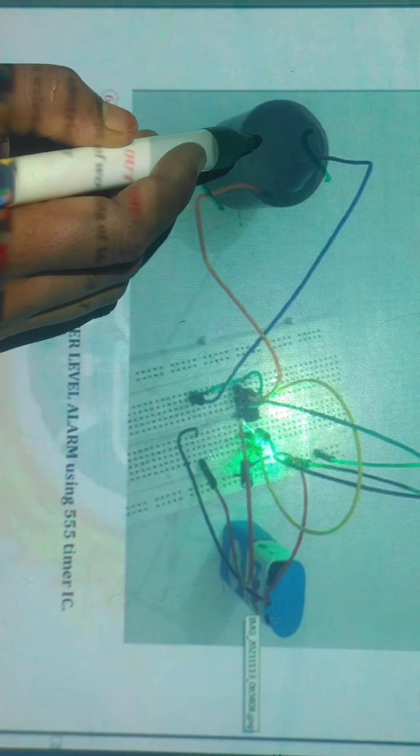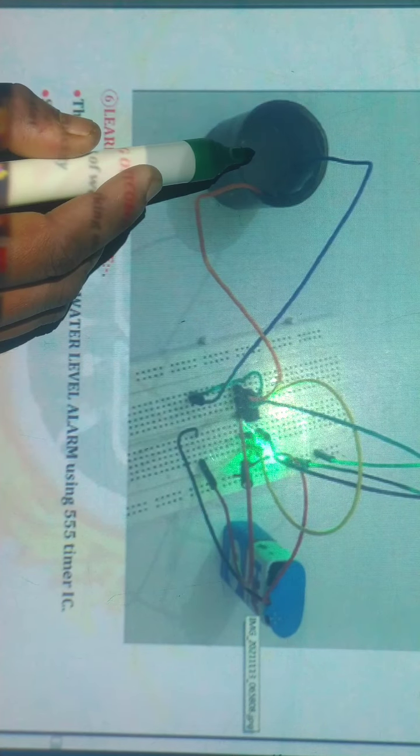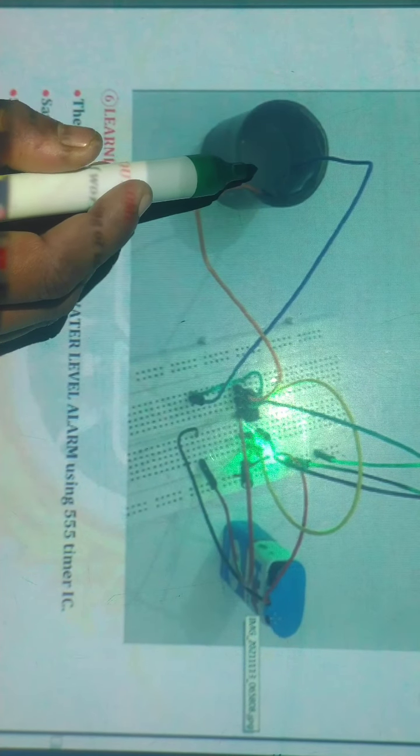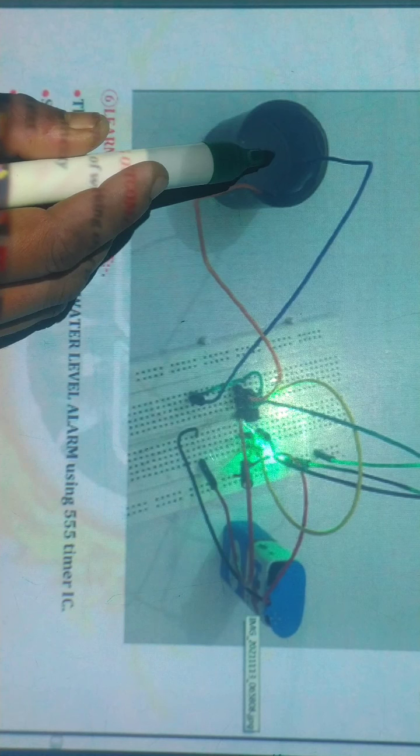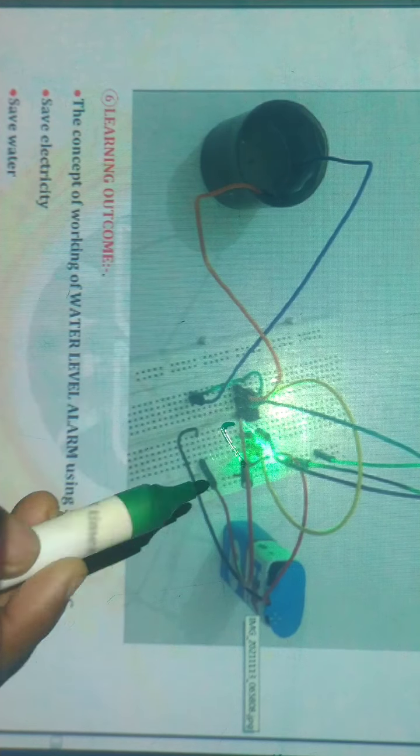One is inserted at the base of the container and the other at the top. When we fill water in the container, the water level rises, and when it touches both disconnected terminals together, your LED will glow.